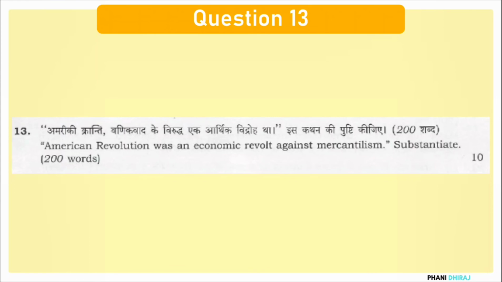When the word substantiate is used, you have to give a proper explanation, with examples, and support your answer. So when you look at this question, the American Revolution was an economic revolt against mercantilism.